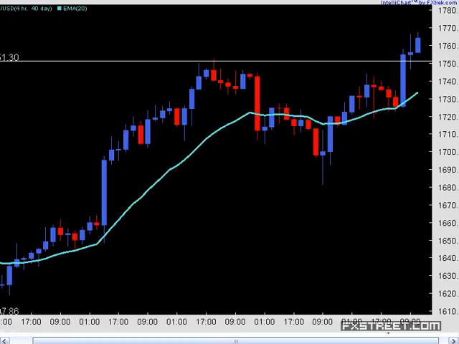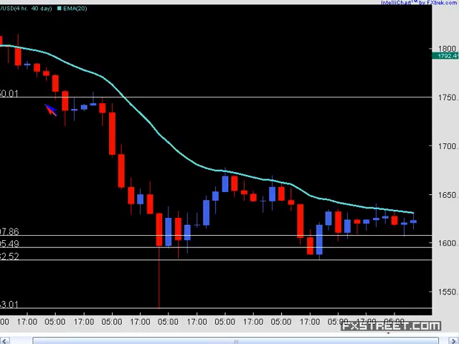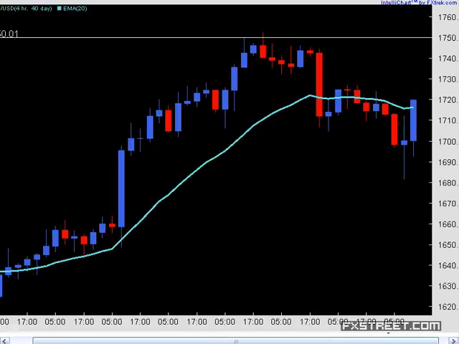Now, what's interesting about this critical high that had rejected price before is if we zoom out just a little bit or go back, we can actually see right here that when the market was selling off, it pulled right back to the 1750 a couple times and then sold off very aggressively then. So a key pullback level on the downtrend when it was aggressively selling off now became resistance on the uptrend.